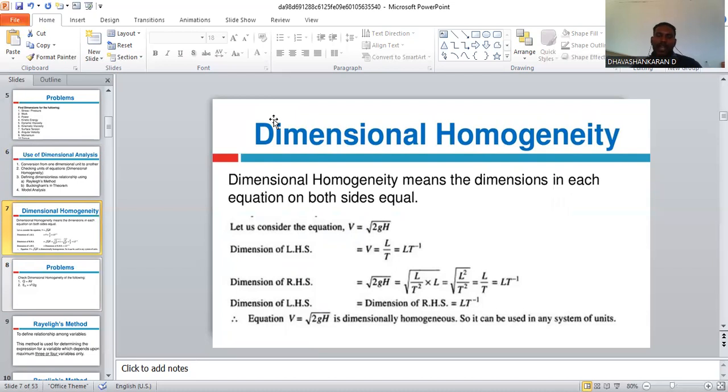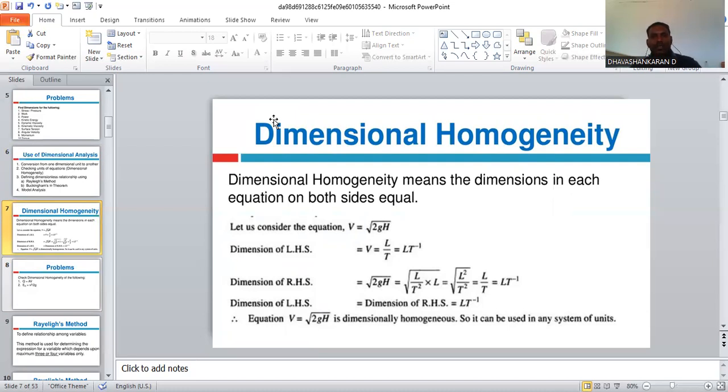From the left hand side we have the velocity, which is a physical quantity. Velocity has the unit of meter per second. That meter per second is converted into the physical quantity. Meter is taken as length, and second is taken as time.